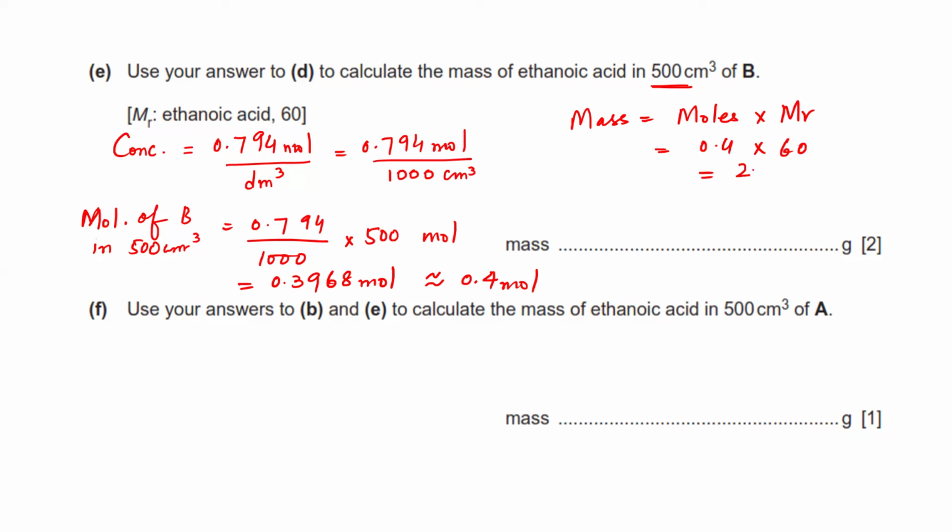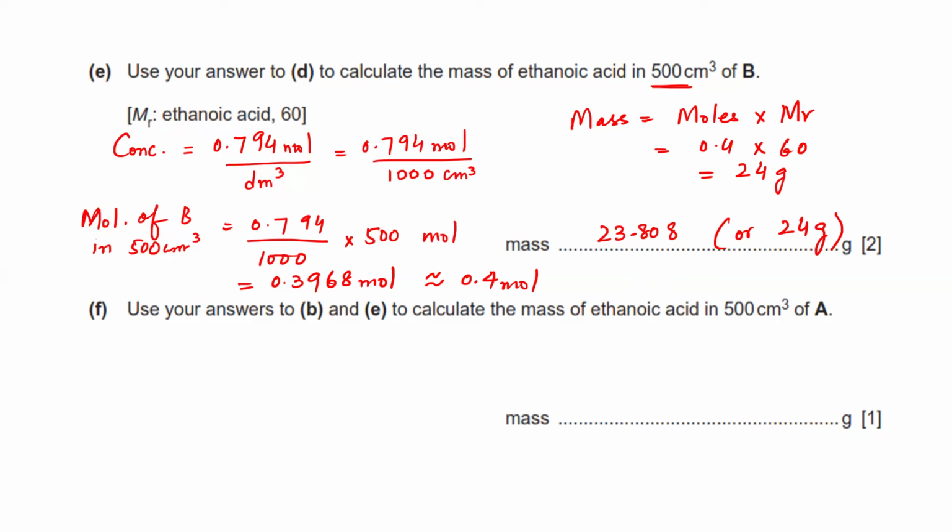So this is equal to 24 grams. Or if you go with 0.3968 multiplied by 60, this value will be 23.808 grams, or you can call it 24 grams. So anyway, this will be our answer.